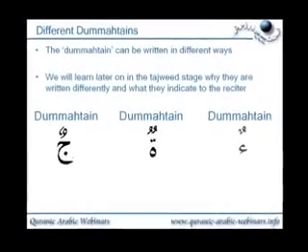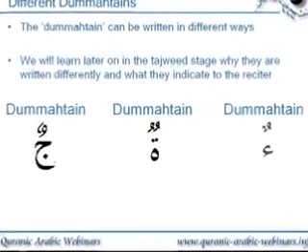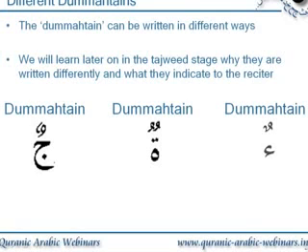For now, what we need to know is just that these three symbols, or these three different ways, can be used to indicate dhammatain. The first one is a little dhamma with a hook on it, and you'll see this in some scripts. You see it a lot on the computer, like we've got it on the slides, because generally the computer fonts show it that way.